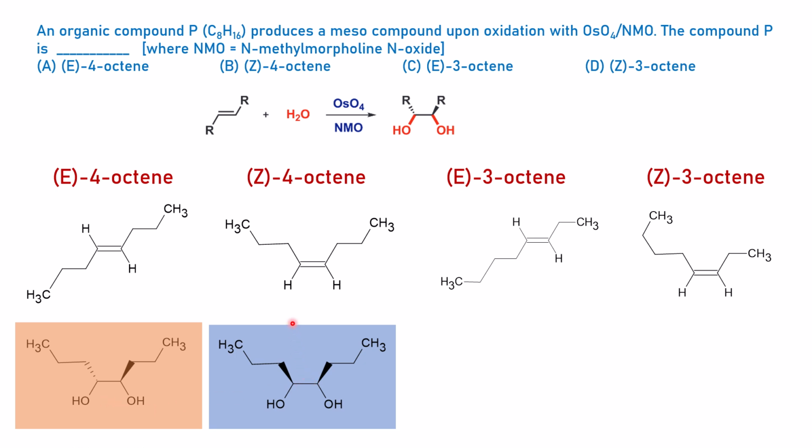Whereas here, all the groups, the OH groups and the CH3R groups, are on the same side. So the correct answer is B, which is Z-4-octene. This is the one which will give the meso compound.